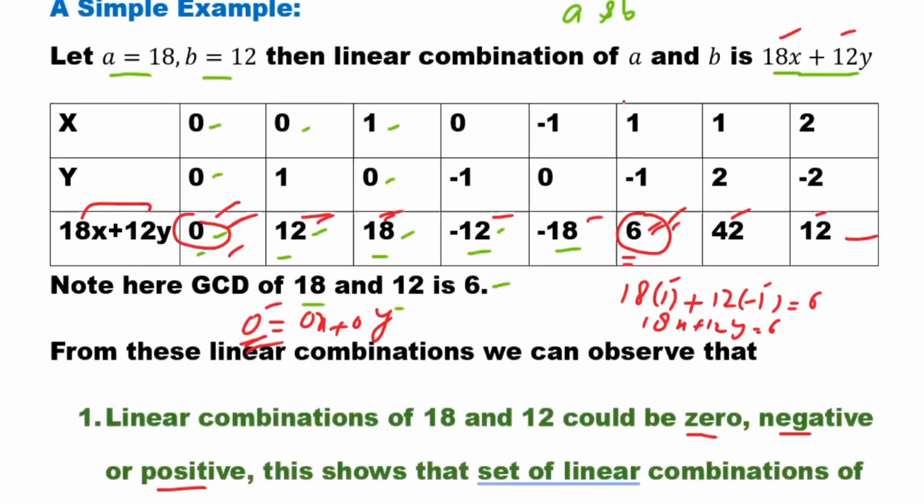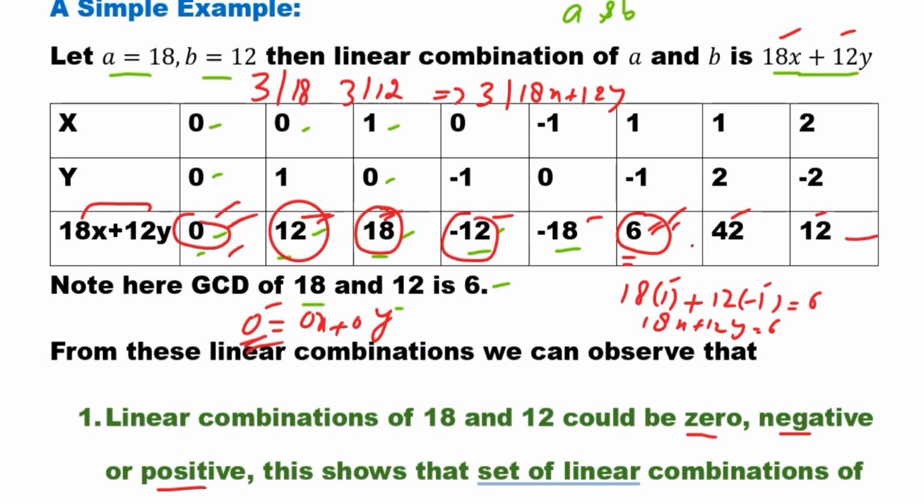You can see that 3 also divides 18 and 12 both. This implies 3 will divide any linear combination of 18 and 12. For example, the last row represents the linear combination of 18 and 12. You can see that each of the numbers is divisible by 3. 12 is divisible by 3, 18 is divisible by 3, minus 12 is divisible by 3.